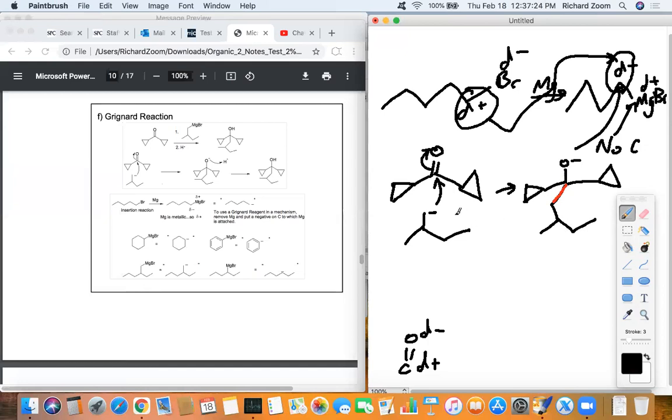And it's due to the negative charge on the C having two electrons that are being used to form a bond between the C that has the negative charge and the C that was part of the C double bond O. Then the electrons jump up onto the O because we can't have 5 bonds on that oxygen there. And now the oxygen has the negative charge that the C used to have. Does anybody have any questions?